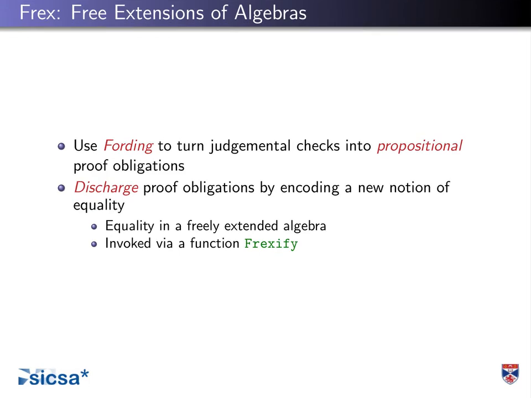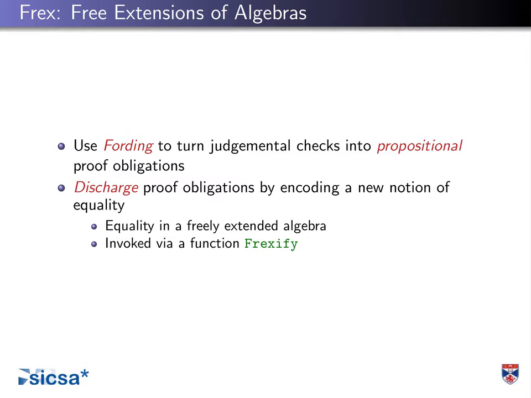So the goal of the Frex library is to automatically discharge these propositional proof obligations. We do this by encoding a new notion of equality as a library. This is equality in a freely extended algebra, and we have a function called Frexify. Frexify will take a description of the algebra.